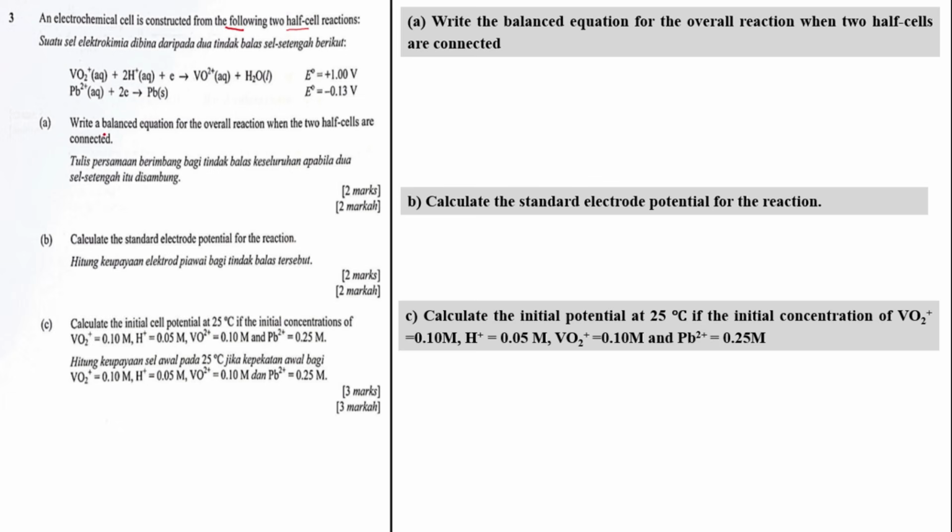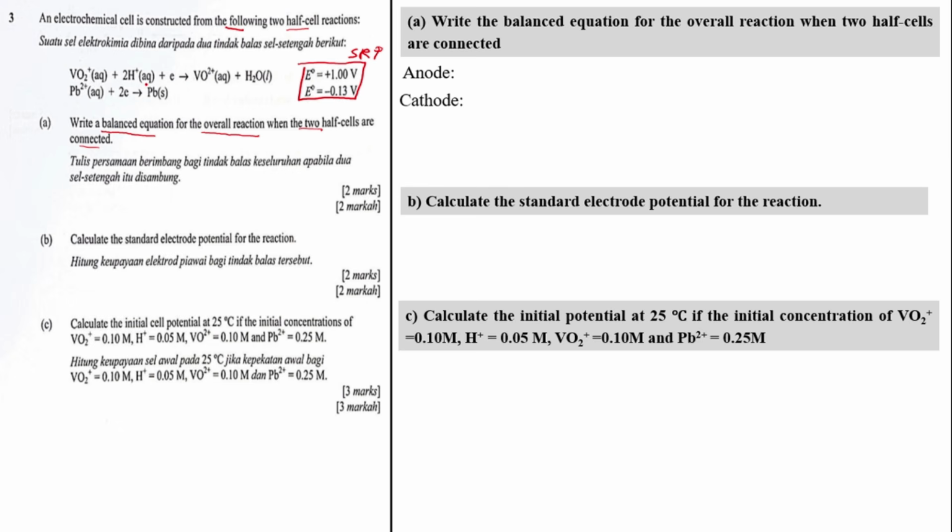So for 3a, we need to write a balanced equation for the overall reaction when the two half cells are connected. And in order to answer this question, we need to write the equation at anode and cathode first. So for the reaction at anode or cathode, we need to look at the SRP value given, standard reduction potential.